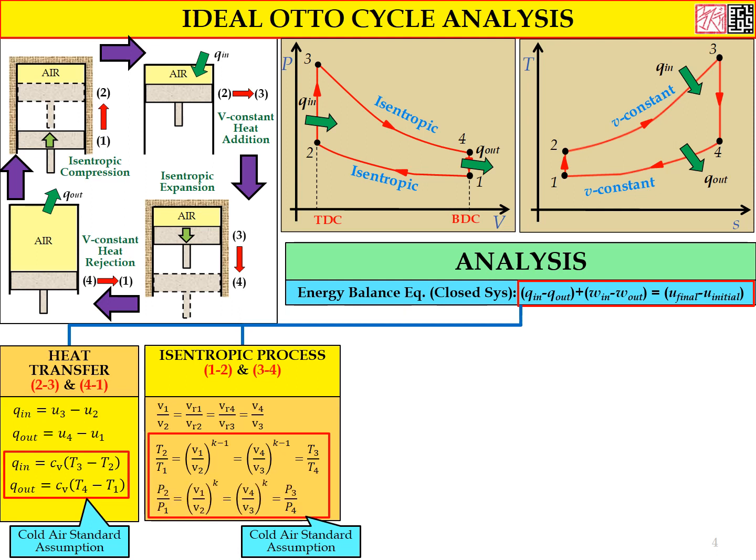Similarly, we have the equation for pressure ratio, which is volume ratio to the power of k. So temperature ratio equals volume ratio to the power of k minus 1. However, for pressure, we have pressure ratio equal to volume ratio to the power of k. Okay, so remember that.